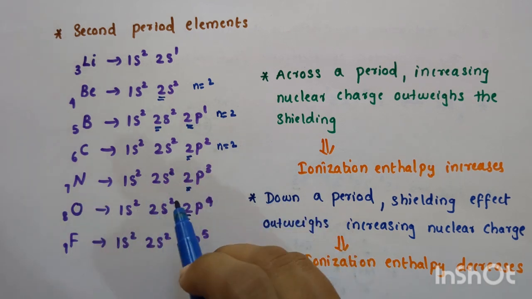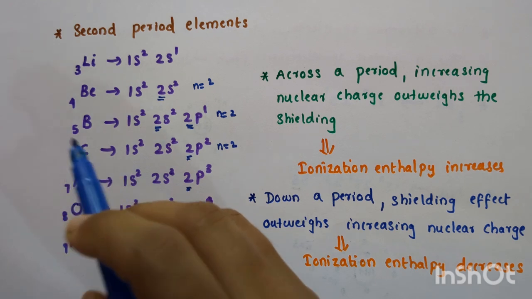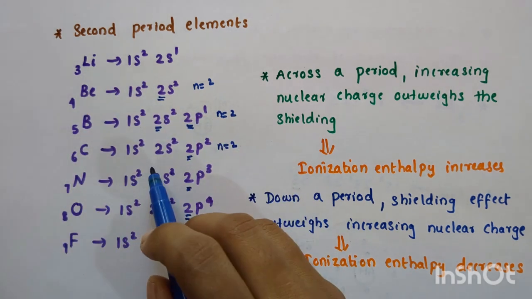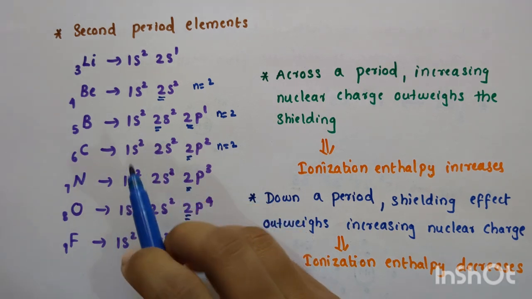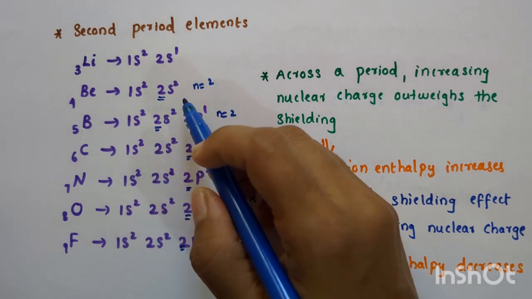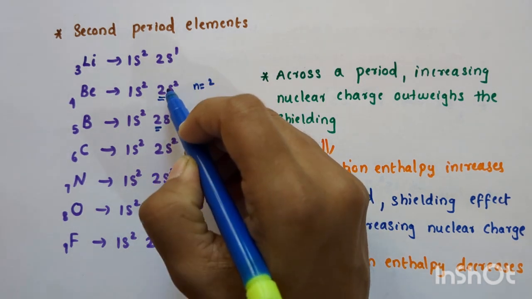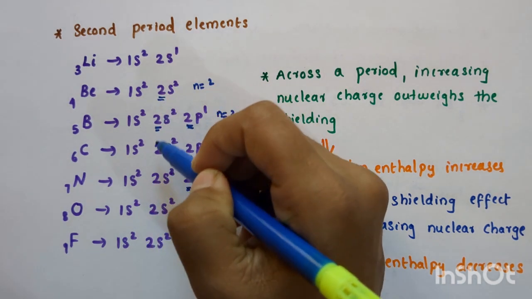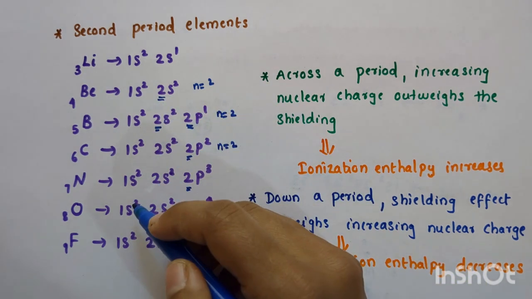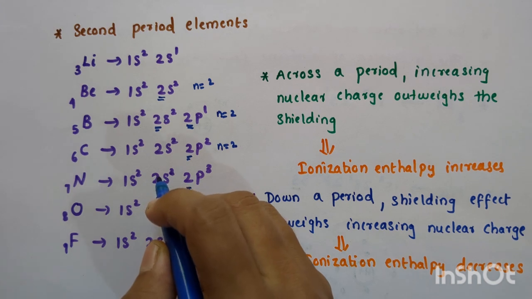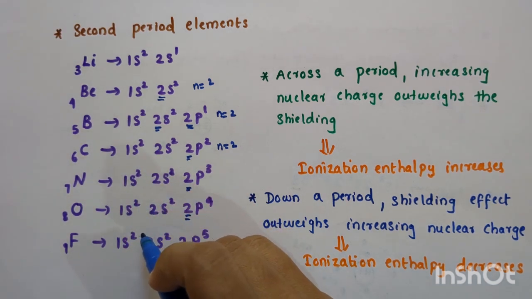The inner core, 1s2, closest to the nucleus, remains unchanged. The next level also has almost constant electrons, 2s2, except for lithium, which has 2s1. So the shielding effect provided by the inner electrons is almost constant.